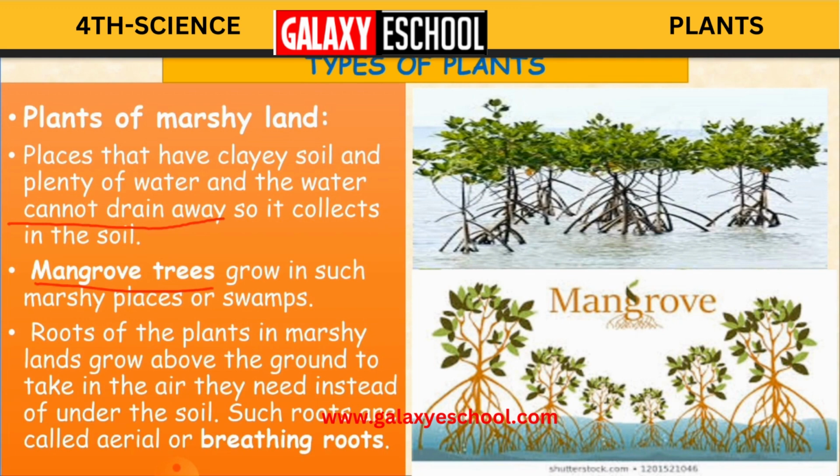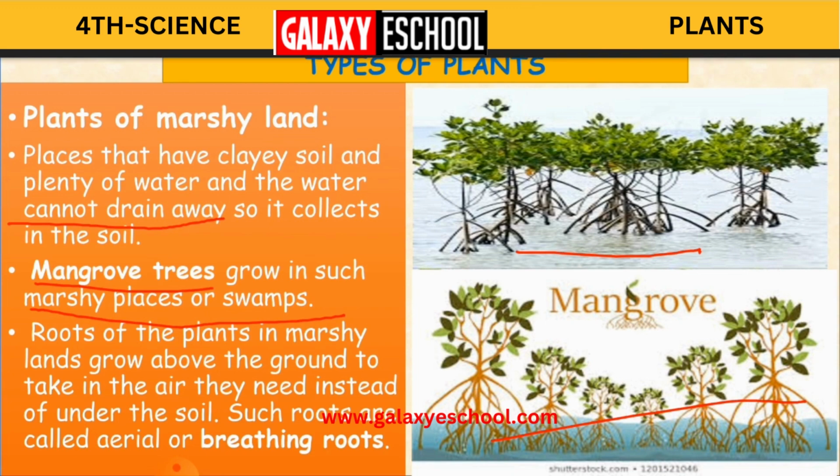So these trees, what we are seeing in the picture, grow in such marshy areas or swamp areas where you have clayey soil and water which is not going to drain away. Understood, children? Yes.